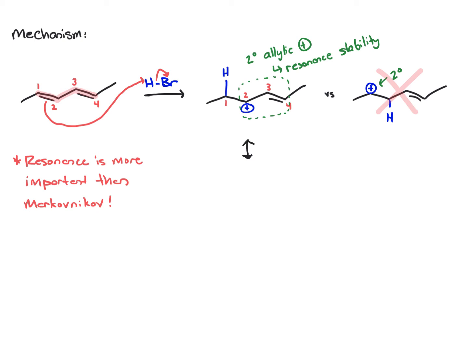Okay, so for resonance, we're going to use the pi bond, move that toward the carbocation. Let's go ahead and put our numbers in just to make sure we don't lose track of things.